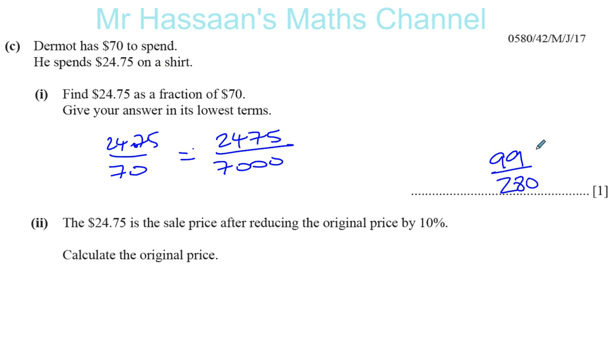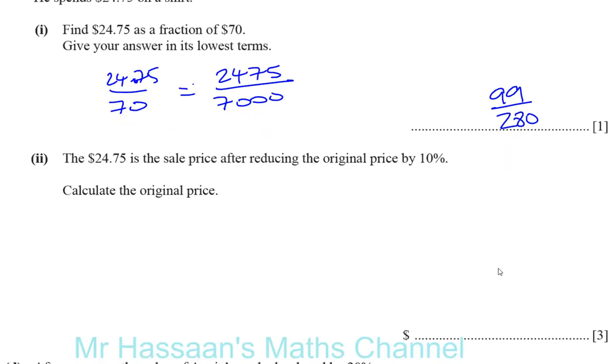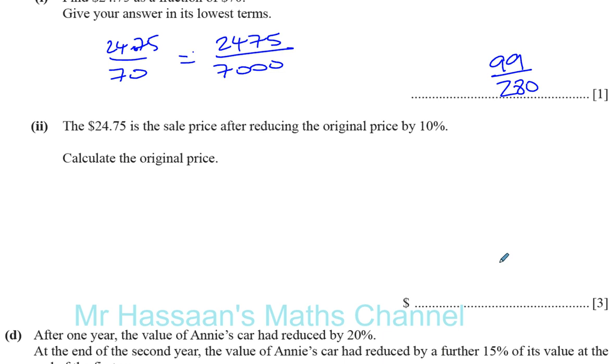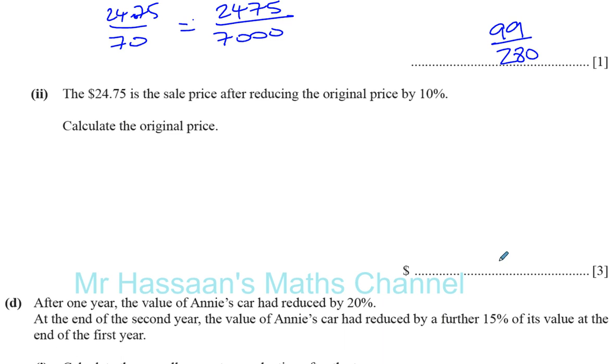Part 2. It says 24.75 is the sale price after reducing the original price. So this is a classic reverse percentage finding the original price. Okay, so this is the sale price after reducing the original price by 10%.